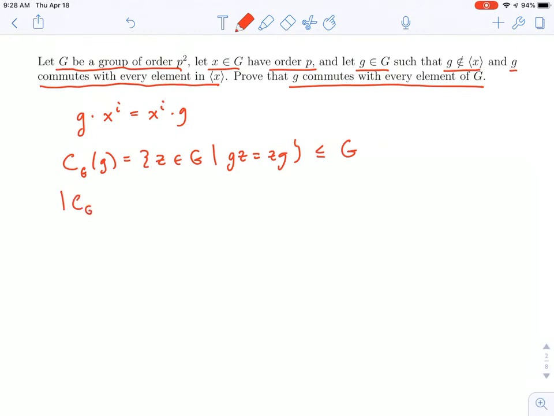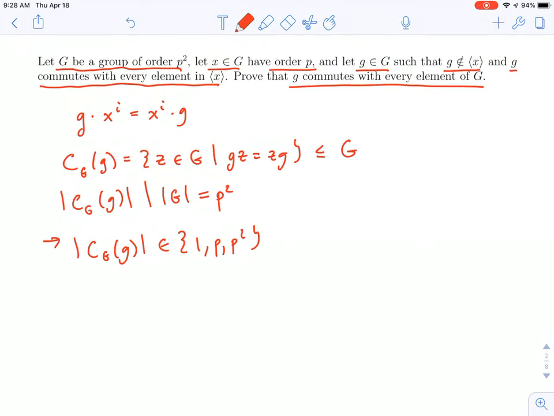And we know that the order of the centralizer has to divide the order of G, which is equal to p squared. So that immediately tells you that the size of the centralizer is 1, p, or p squared, the only divisors of p squared.